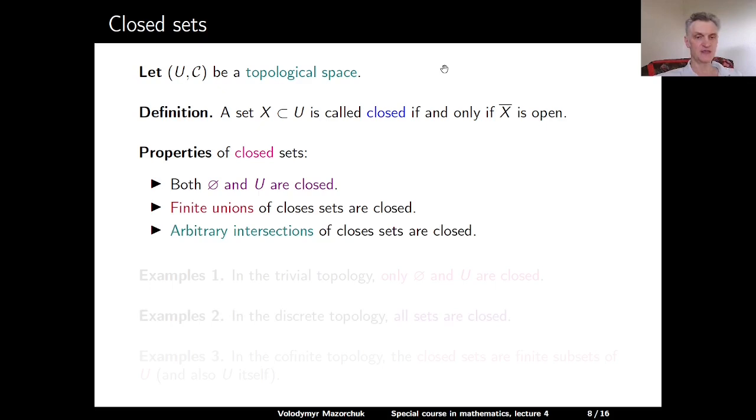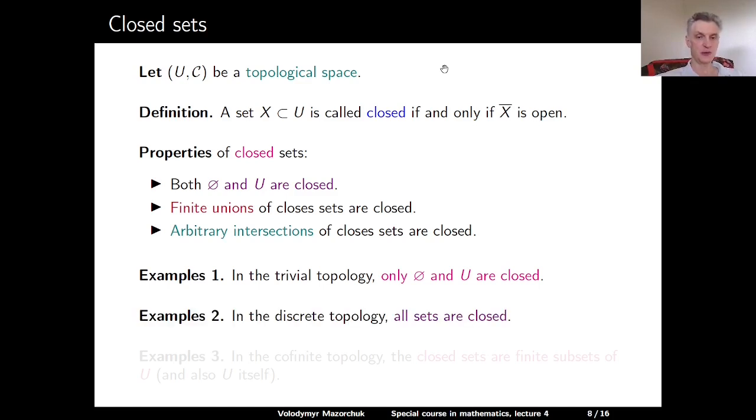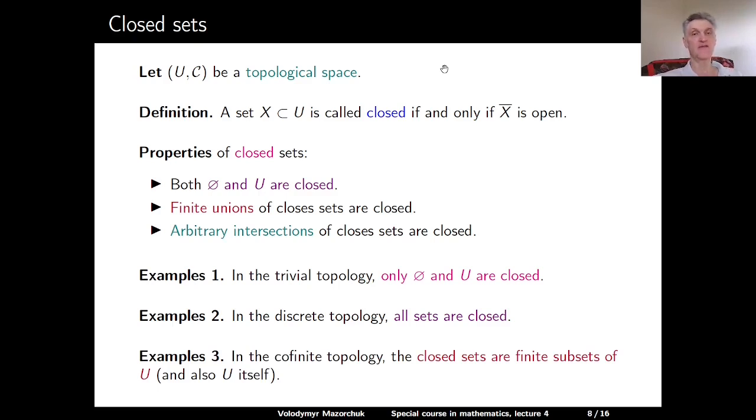And arbitrary intersections of closed sets are closed. For example, in the trivial topology, it is exactly the empty set and the whole of U which are closed. In the discrete topology, all sets are closed. And in the cofinite topology, it is exactly the finite subsets of U which are closed, and of course U itself by definition.